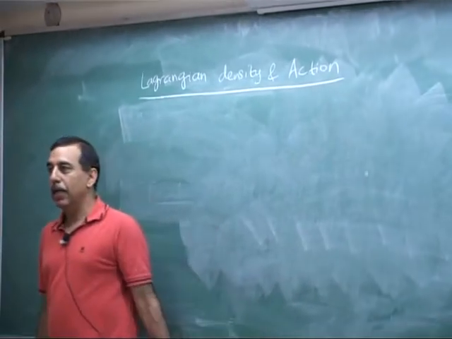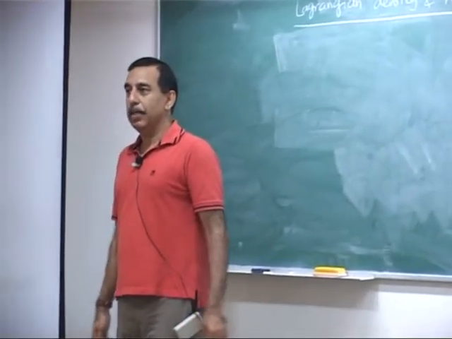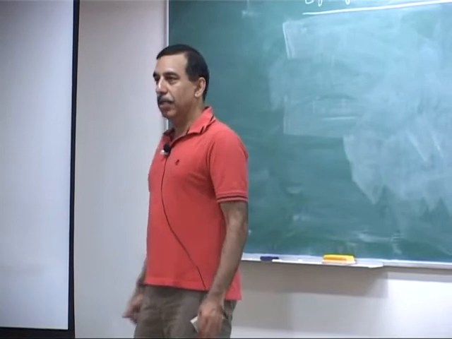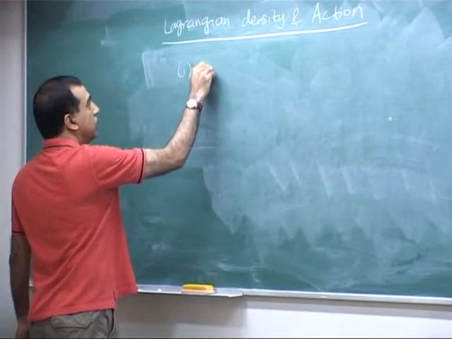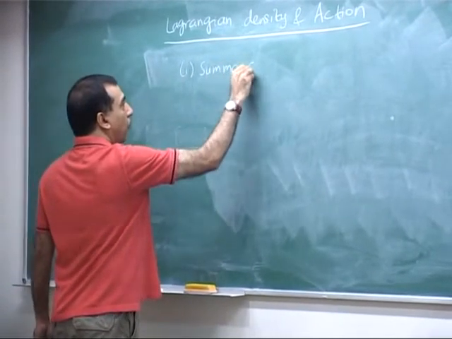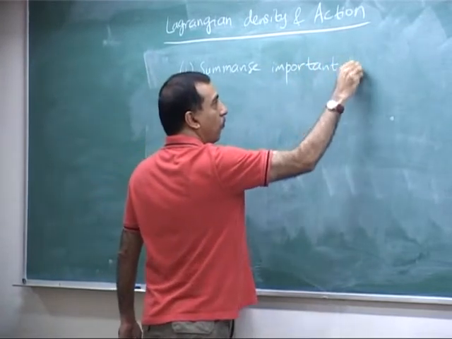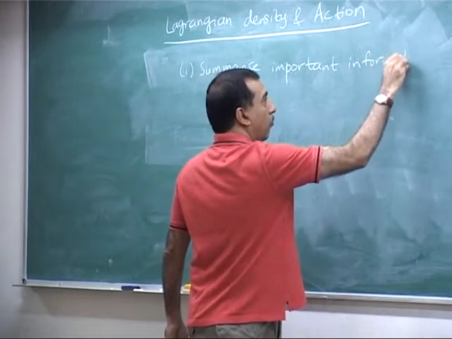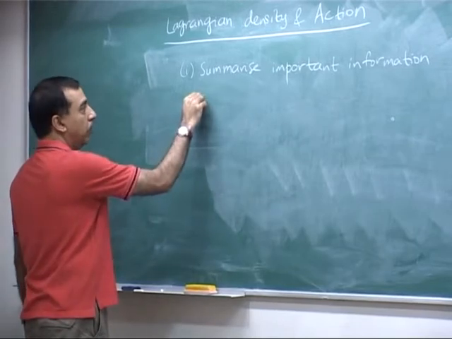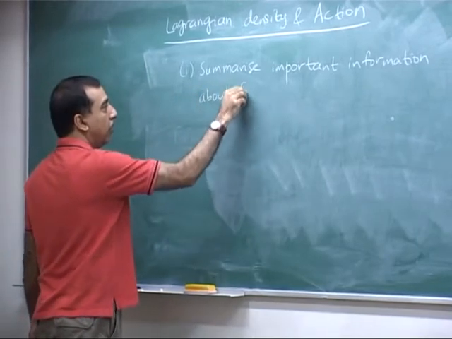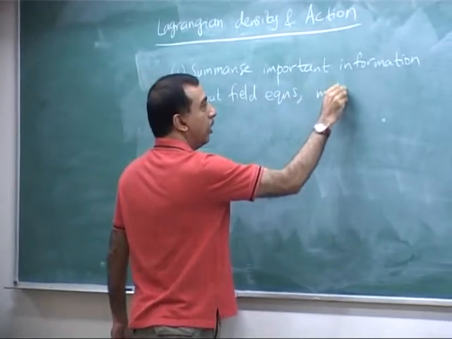When we do field theory, just as it's very useful to use the Lagrangian and action when we do particle mechanics, it's also useful in field theory. There are two reasons why it's useful. One, it summarizes important information about the field, about field equations, in a nice package, and makes many properties manifest.